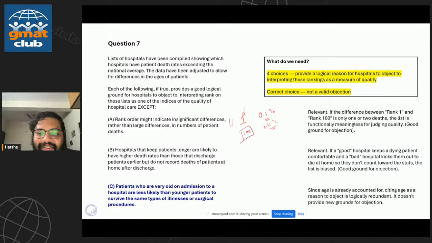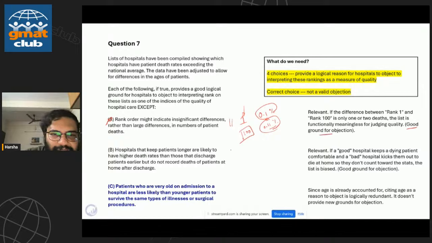Just because the values are so close but the rankings seem to vary from 1 all the way to 100, this list is kind of meaningless, is it not? How can you judge quality based on this? Even if you got rank 100 here, it doesn't mean you're bad at all. Compared to rank 1 with 0.1 percent, you're still awesome. That's why choice A is a very valid objection and a good ground for objection.